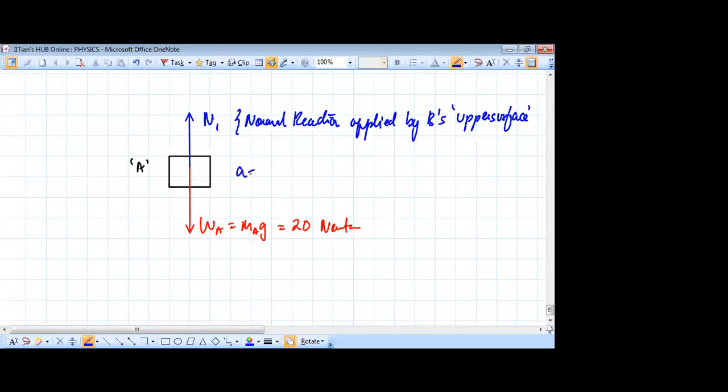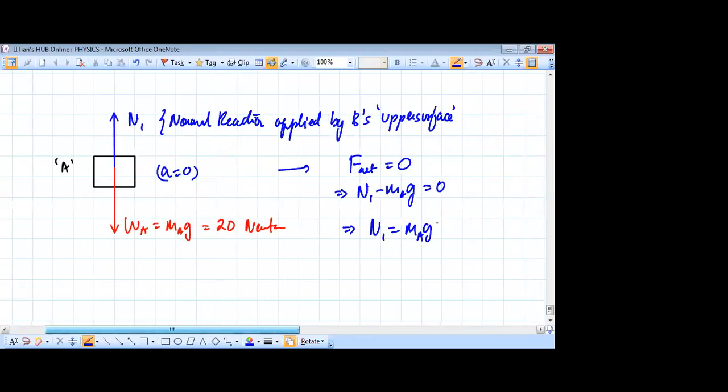And of course, the acceleration of the block is 0, so the net force should be 0. Here, the net force is N1 upwards minus the weight downwards. So the normal reaction should be equal to the weight of A. So this should be 20.